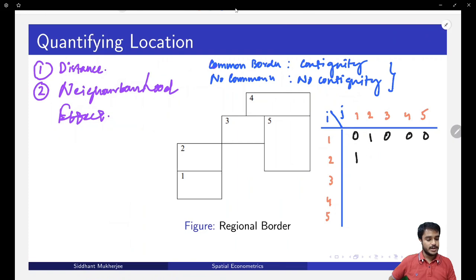Region 2 has 0 with 3, 0 with 4, 0 with 5. Region 3 has 0 with 1, 0 with 2, 0 with 3, and 1 and 1, because 3 and 4 share a border and have contiguity. Region 4 has 0, 0, 1, 0, 1. And region 5 has 0, 0, 1, 1, 0.